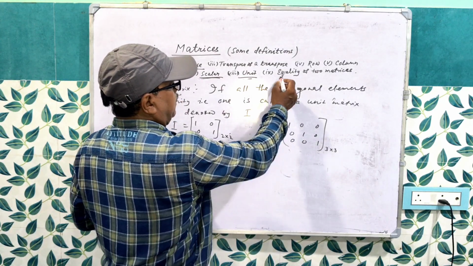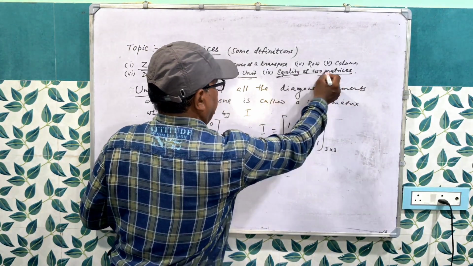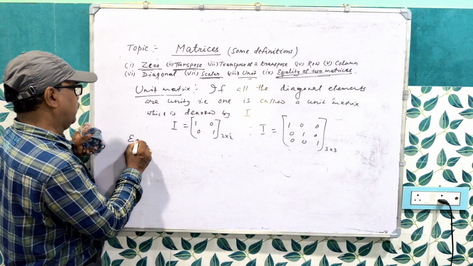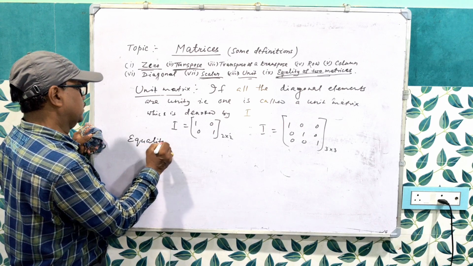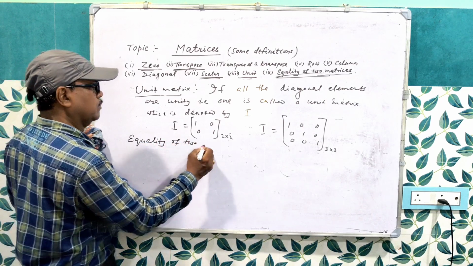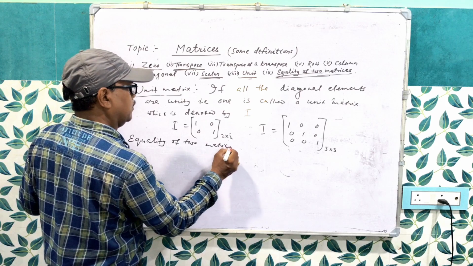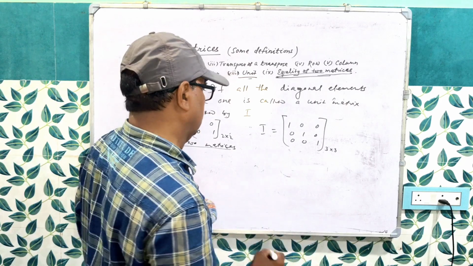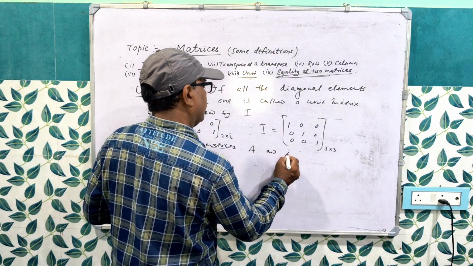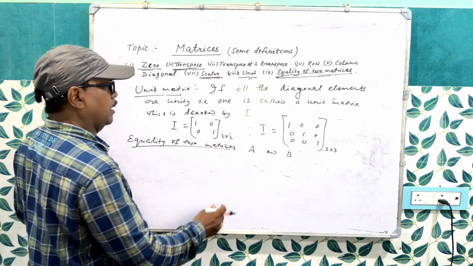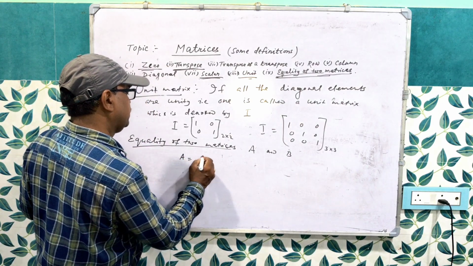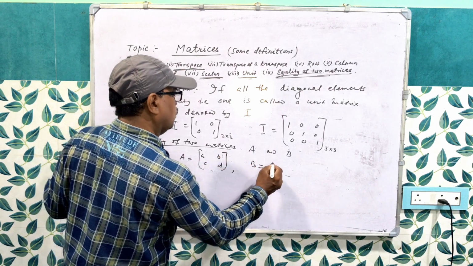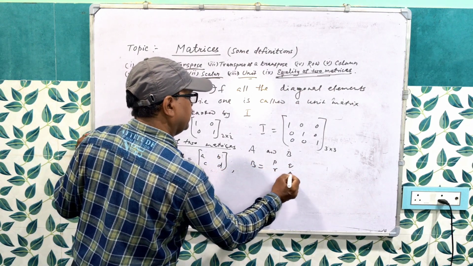Then, what is equality of two matrices? Suppose A and B are two matrices, A is equal to a, b, c, d and B is equal to p, q, r, s.